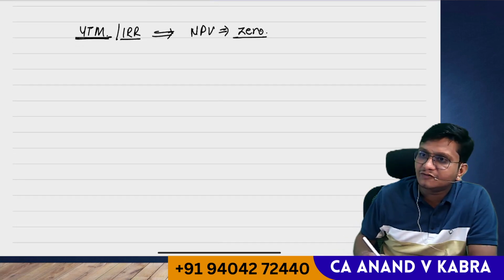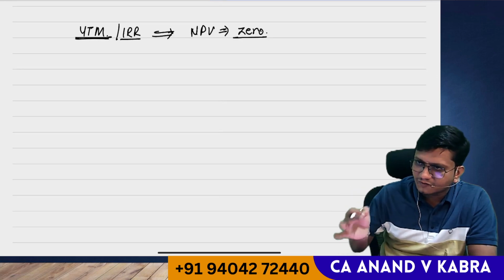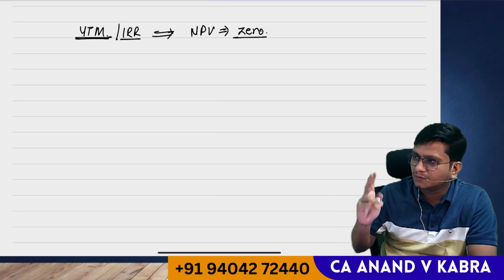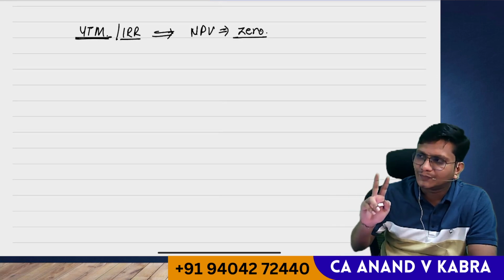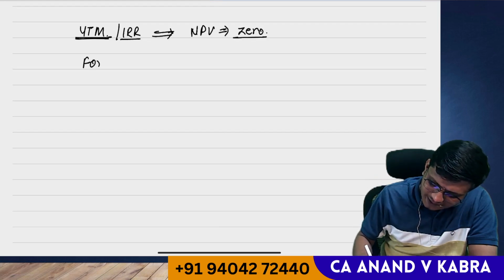So in the tabular format, how you are going to write is, for the purpose of valuation, you have to value the debenture twice. So for this purpose, the formula will look like this.